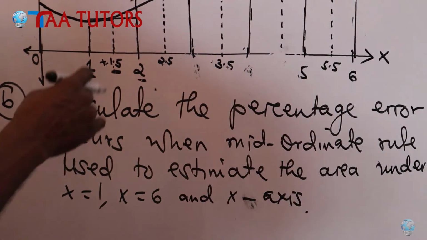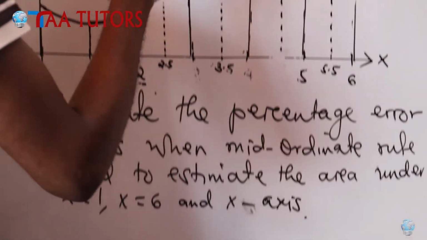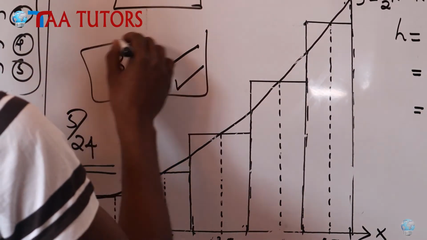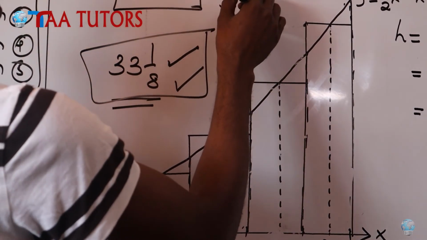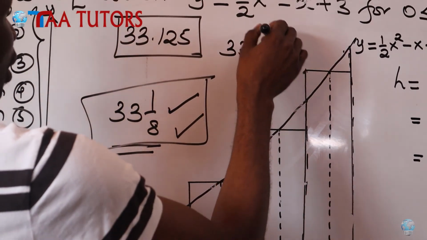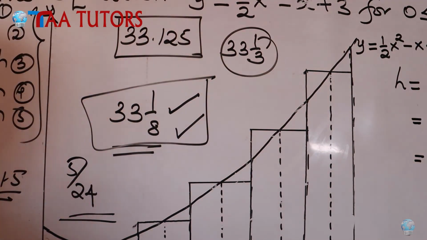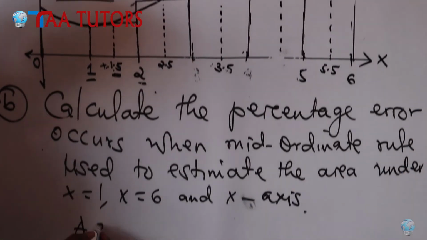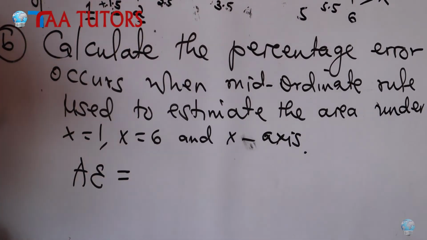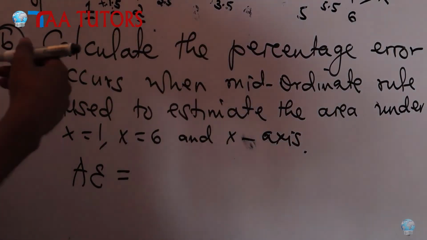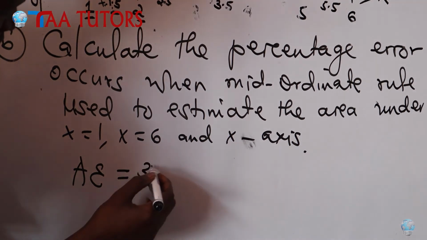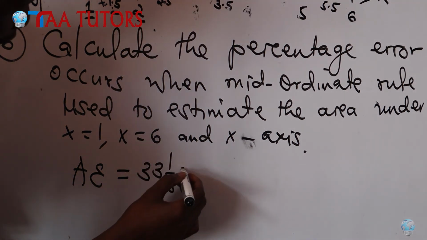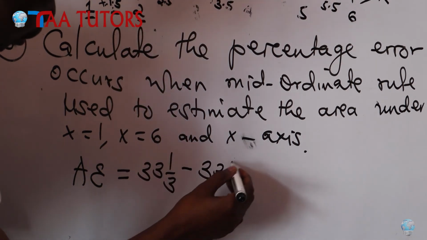So we have determined the area, which we know is the area by the midpoint rule, and 33 and a third is the exact area by integration. So we want to get the absolute error in the area. We know the actual area is bigger, so we get 33 and a third minus 33 and an eighth.